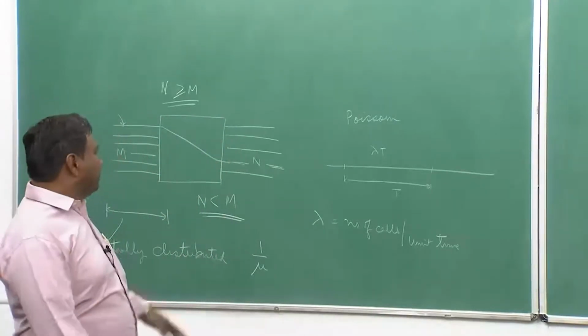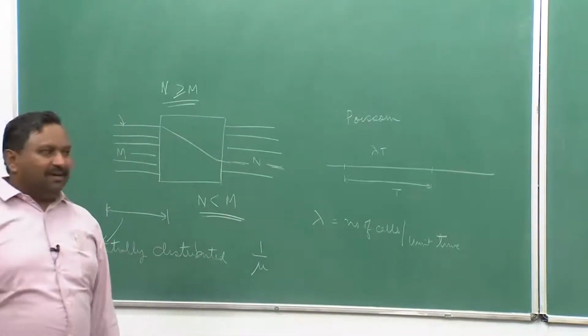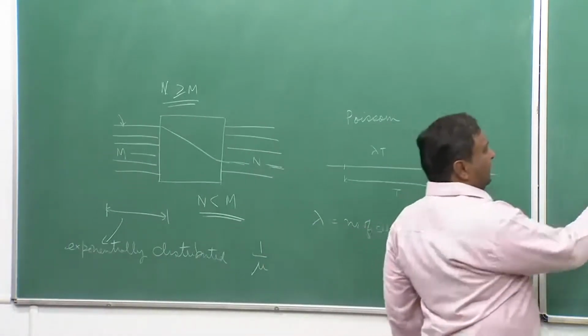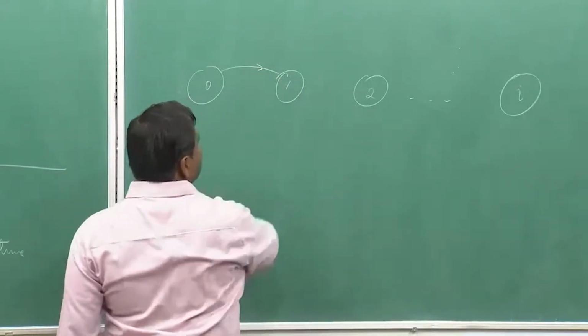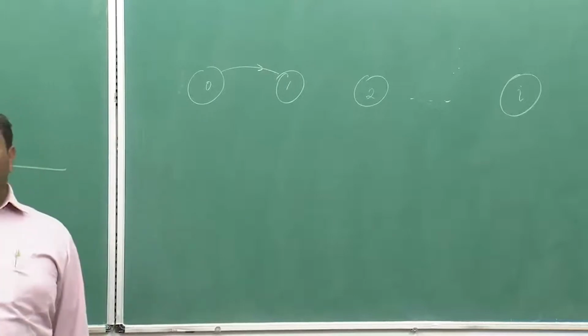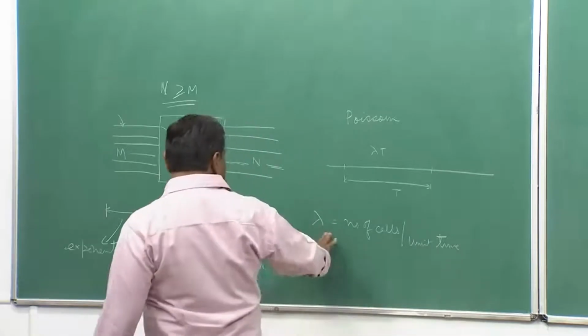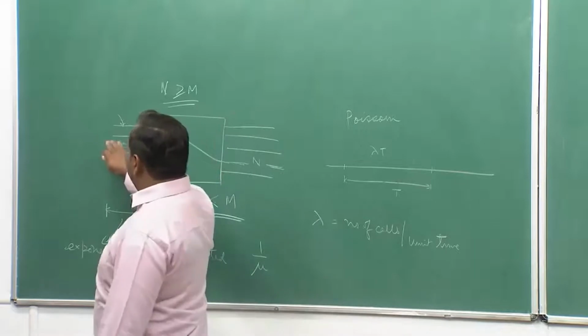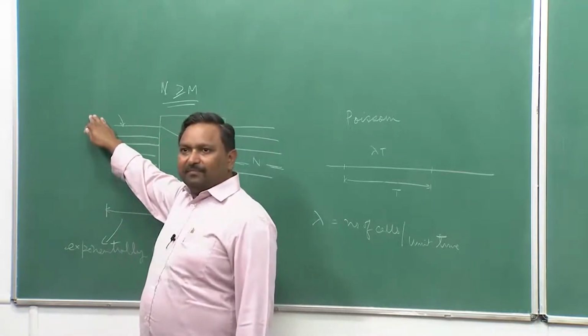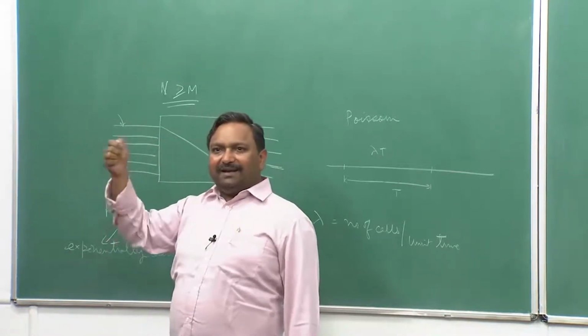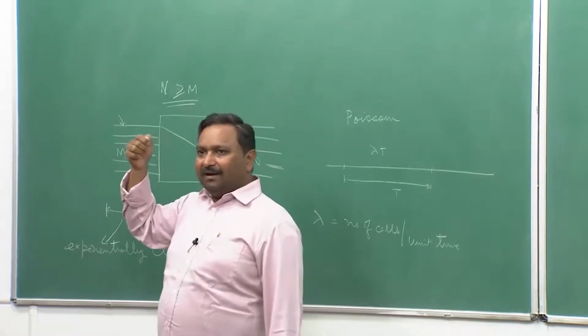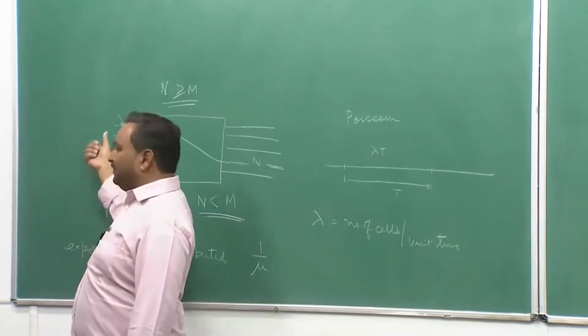When you are in state 0, there is no call. I need to find out at what rate I will be transiting to state 1. With lambda calls per unit time arriving, what is the probability that a call will arrive in any one of these lines?